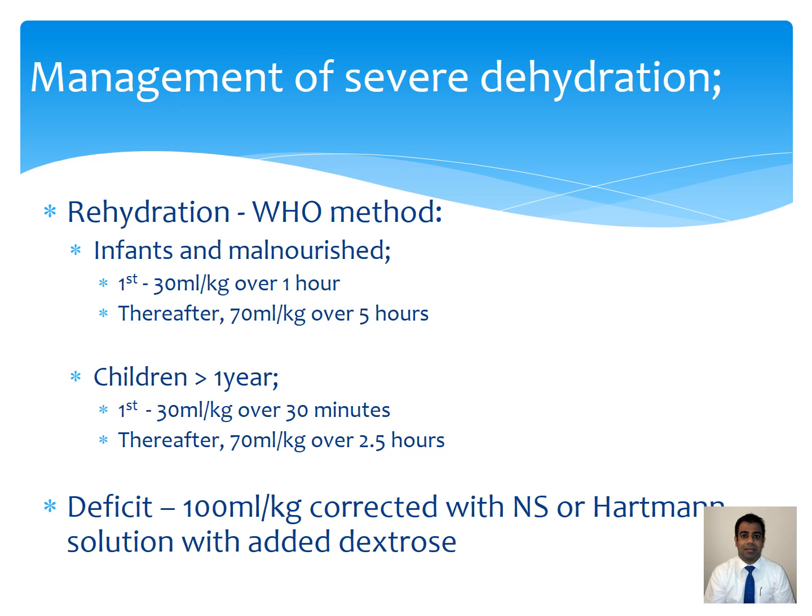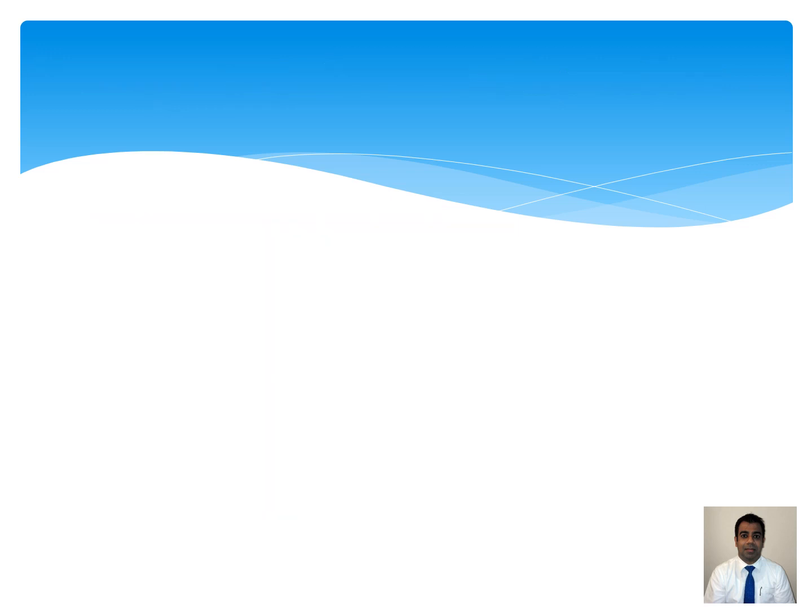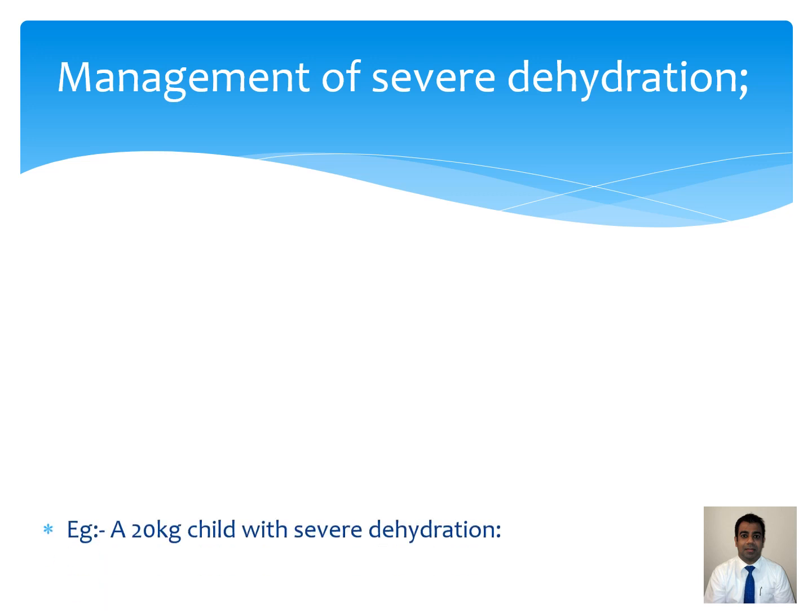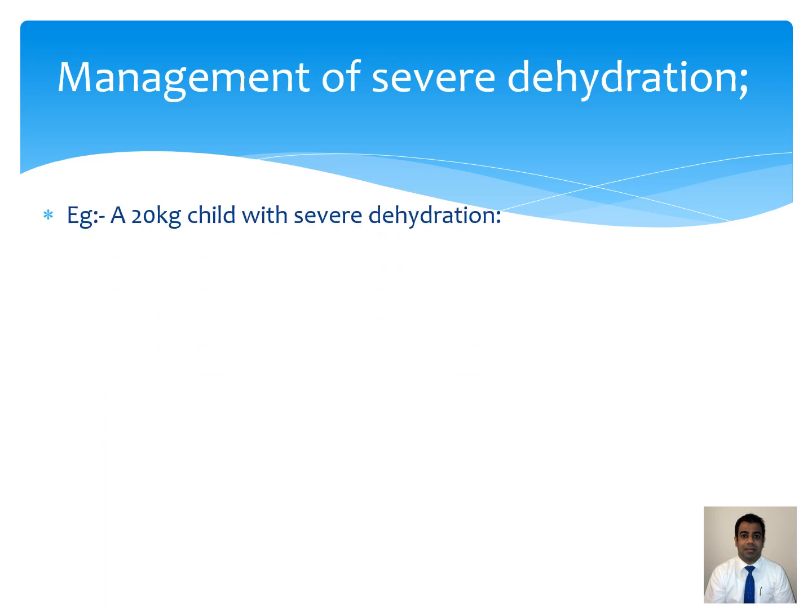So the total duration of correction of the deficit is 3 hours. Your total deficit of 100 ml per kg should be corrected with normal saline or Hartmann solution with added dextrose.